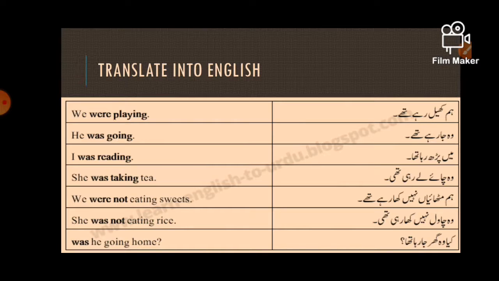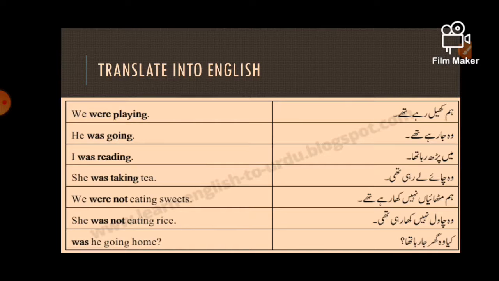Auxiliary verb with not. Not is used just right after the auxiliary verb, that is was and were, in past continuous tense. वो चावल नहीं खा रही थी. She was not eating rice.